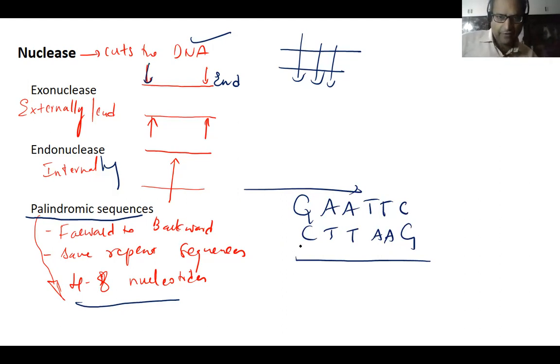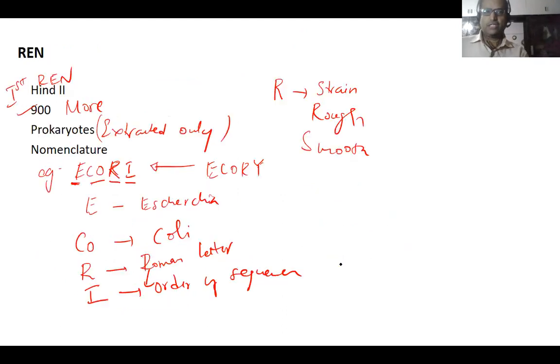Even when I read forward and when I read backward, the same sequence is repeated. That is what we call a palindromic sequence, and its length is 4 to 8 nucleotides. That's a speciality here. Now let's understand restriction endonucleases.